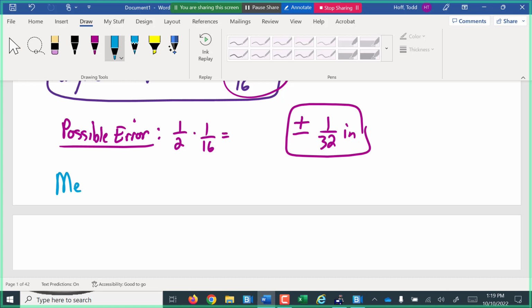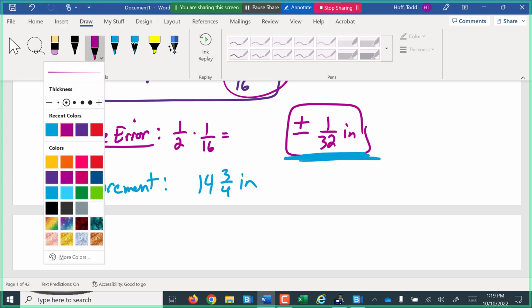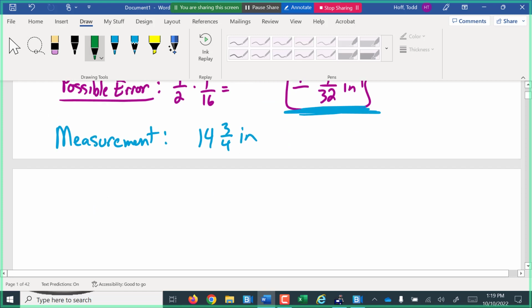and your measurement is given as 14 3/4 inches. Because of the degree of precision of your ruler and this built-in possible error of plus or minus a 32nd, that measurement of 14 3/4 is actually implying a range.